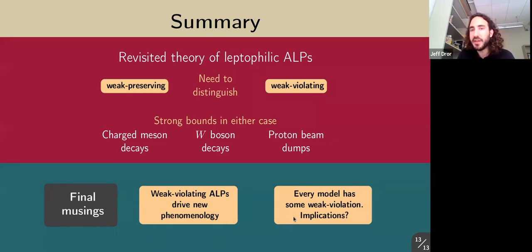And finally, I want to comment that while weak violating might seem like a bit of an unusual assumption, in fact, every model has weak violation through RG running. So maybe there are some implications that you can try to leverage in studying all sorts of axions, exploiting these weak violating interactions over what we've already done, but focusing on the RG running effects. Okay, thank you.